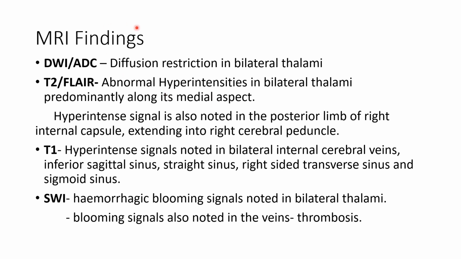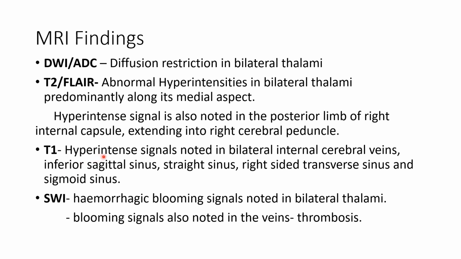So, summarizing the MRI findings, there is diffusion restriction in bilateral thalamus seen on diffusion weighted imaging, and T2 FLAIR shows abnormal hyperintensities in bilateral thalamic region, predominantly along its medial aspect. Hyperintense signal is also noted in posterior limb of right internal capsule, extending into right cerebral peduncle.